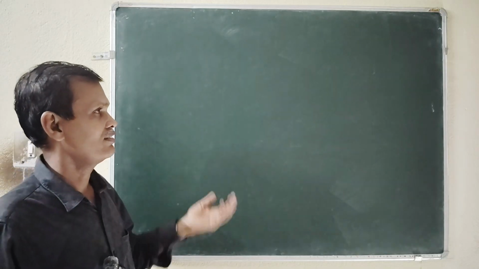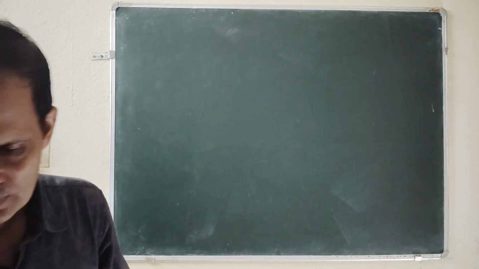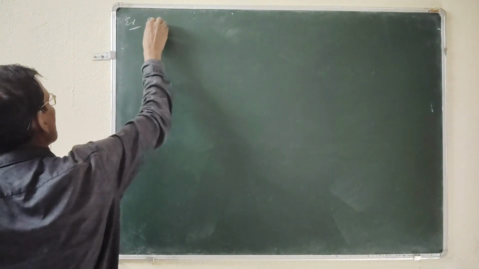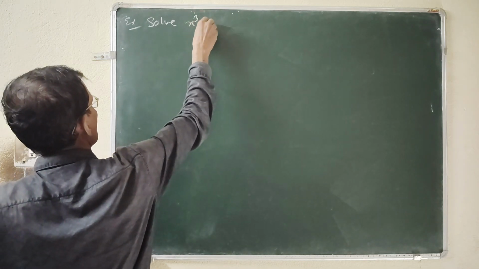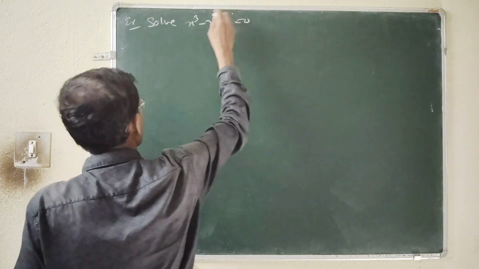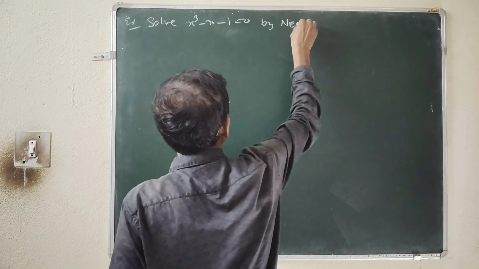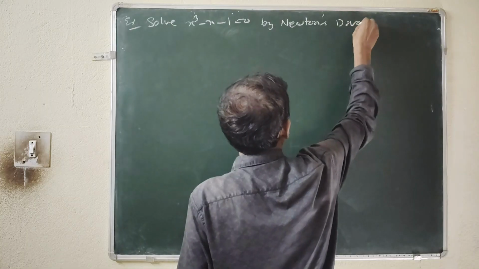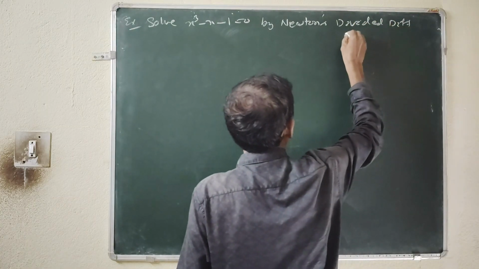Let us see the beauty of this problem. I am considering one example: solve x cube minus x minus 1 equal to 0 by Newton's divided difference interpolation.